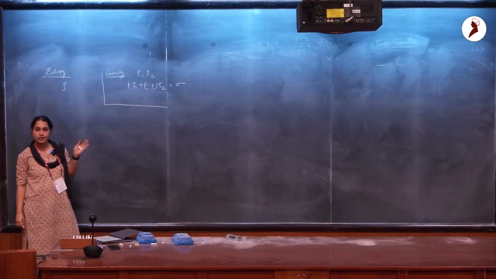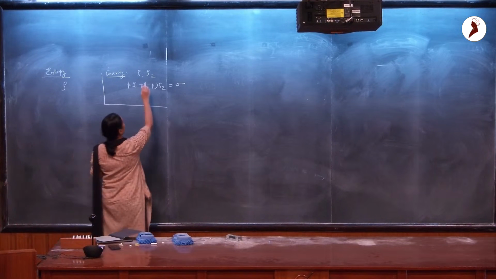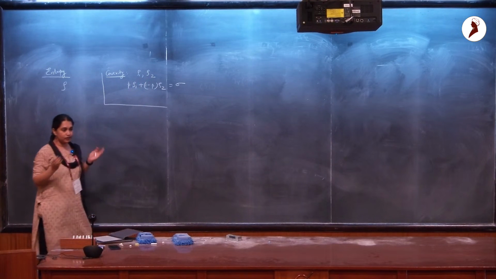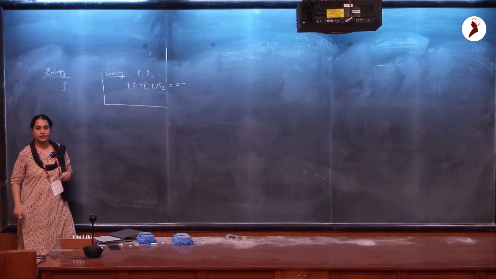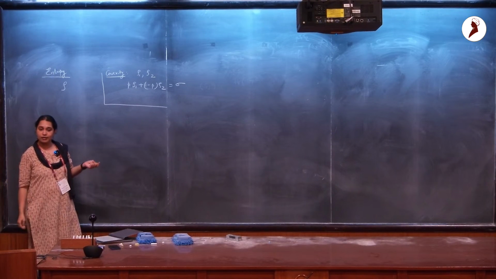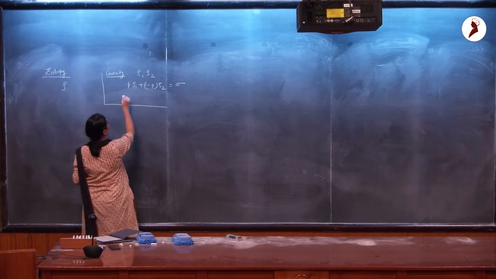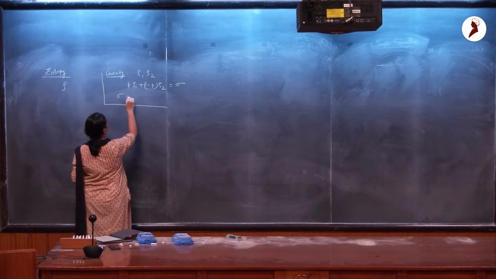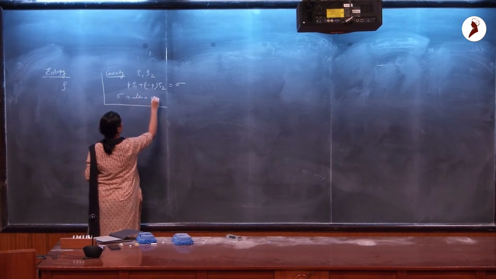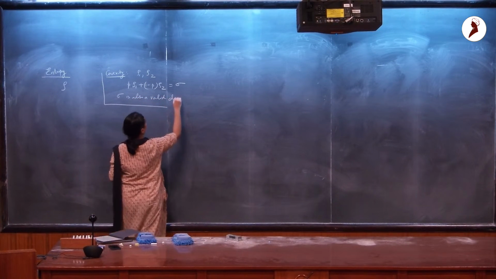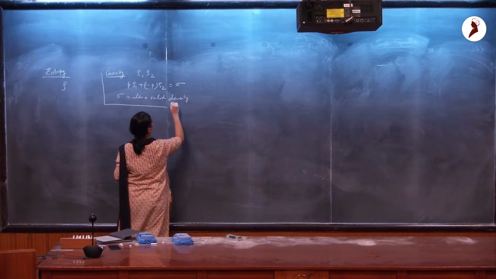Okay? I hope it is easy for you to see now that if rho 1 and rho 2 are valid states of the system, meaning valid density operators, then so is sigma. Okay? So sigma is also a valid density operator.